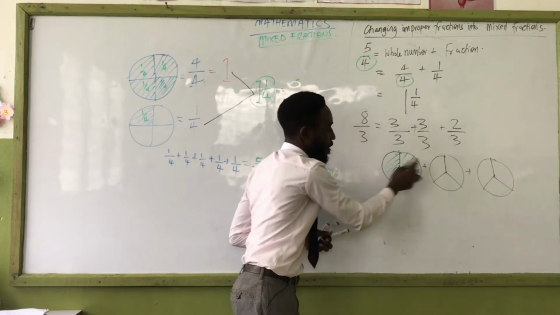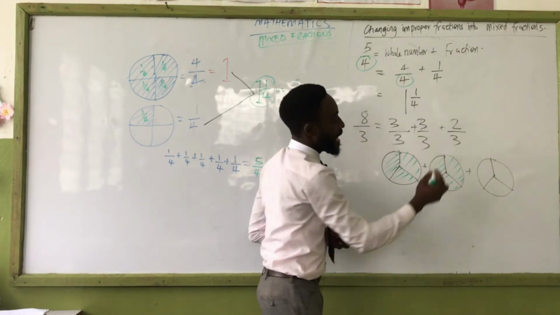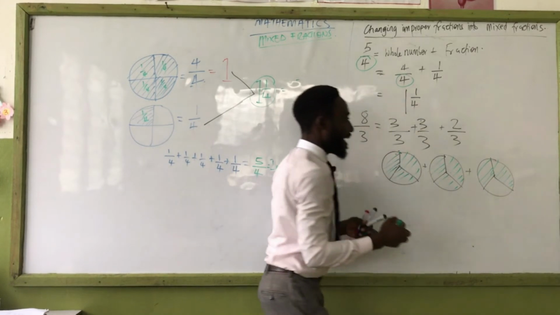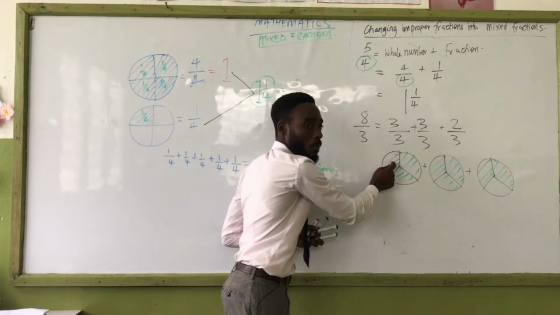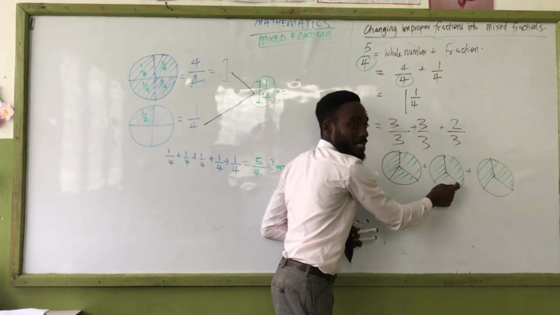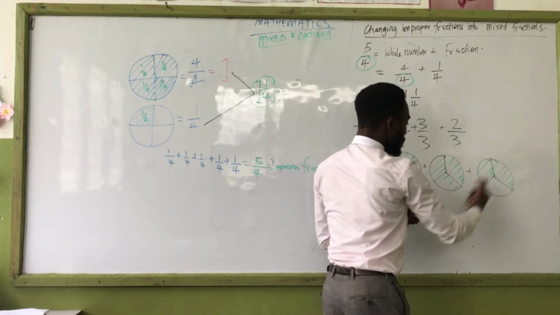So 3 out of 3. And then here I picked how many? So at the end of the day I have 1, 2, 3, 4, 5, 6, 7, 8. So that's how I got 8 over 3.